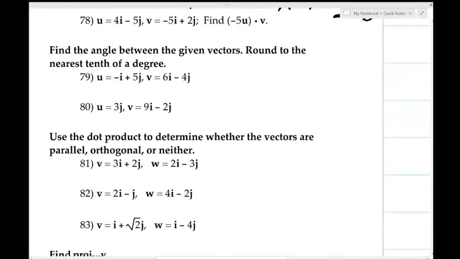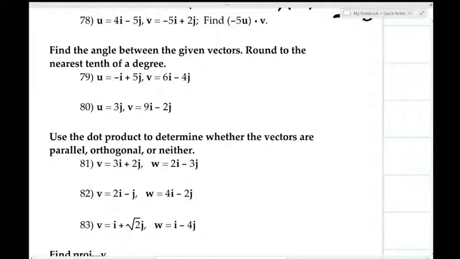Now, number 79, we want to find the angle between the given vectors, and we want to round to the nearest tenth. Okay, so important, right? How do we figure out the angle between them?